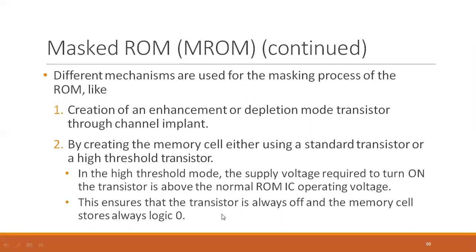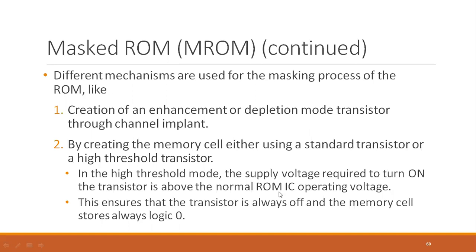This ensures that the transistor is always off and the memory cell always stores logic 0. When you want to write 0, you pass high voltage, and that ensures the memory cell always stores logic 0, which means all the bits are set to 0.